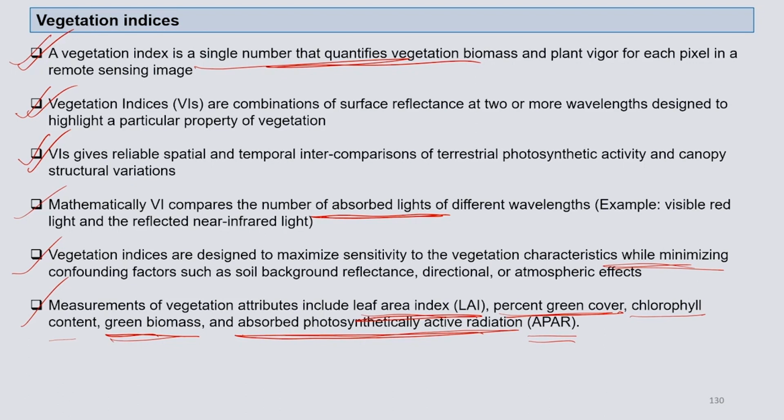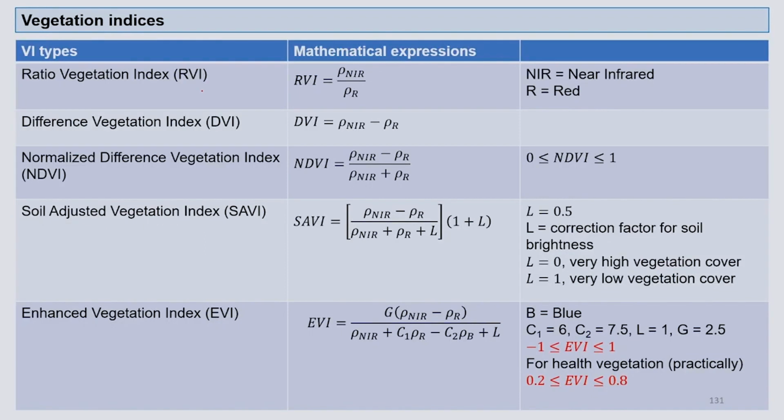Now, how do we calculate all these vegetation indices? Each one of these has a different formula to calculate. Let us start with the simplest one, RVI, or ratio vegetation index. RVI we can calculate with this formula: rho NIR by rho R, where NIR is the near infrared wavelength and R stands for red.